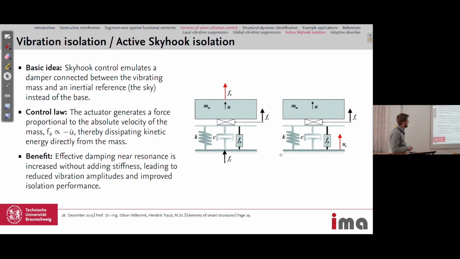Maybe, just as a brief introduction to this active skyhook isolation. So we have an effective damping near the resonance because we then still could emulate a relative movement between the structures.